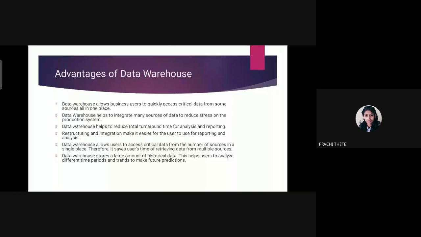Restructuring and integration make it easier for the user to use for reporting and analysis. It allows users to access critical data from a number of sources in a single place, therefore it saves user time of retrieving data from multiple sources. Data warehouse stores a large amount of historical data. This helps users to analyze different time periods and trends to make future predictions. These are the advantages of data warehouse.